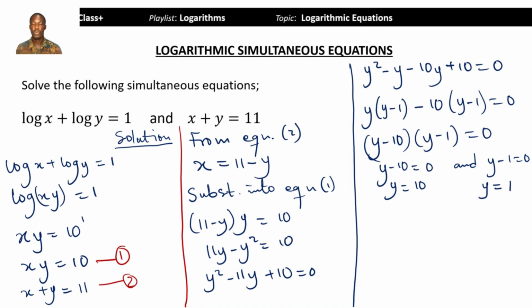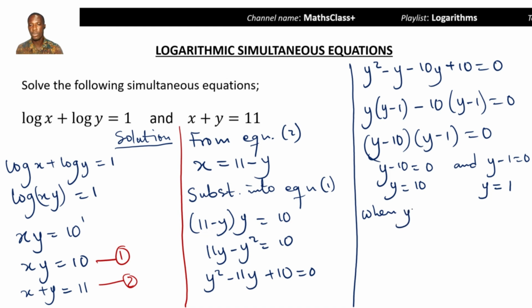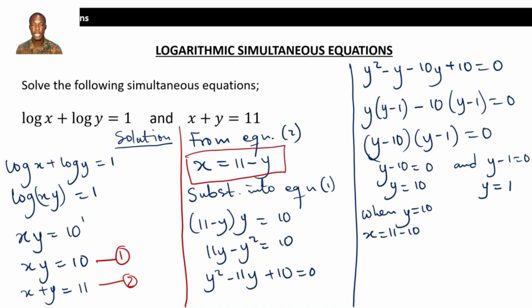Okay, so we also go ahead and compute their associated values. So when y is equal to 10, then x will be equal to 11 minus 10. I am referring to the equation obtained, and that my x will be 1.